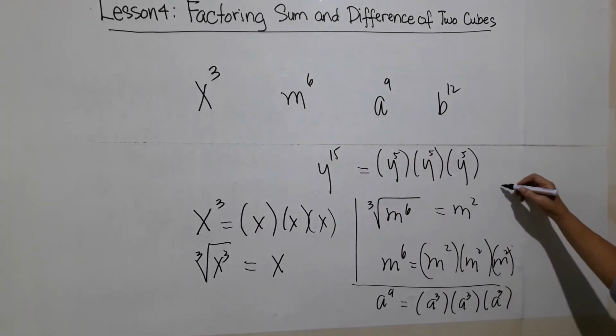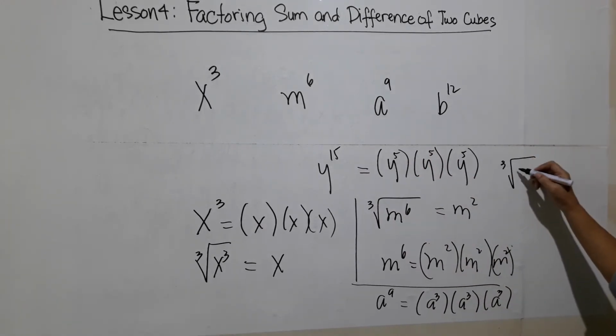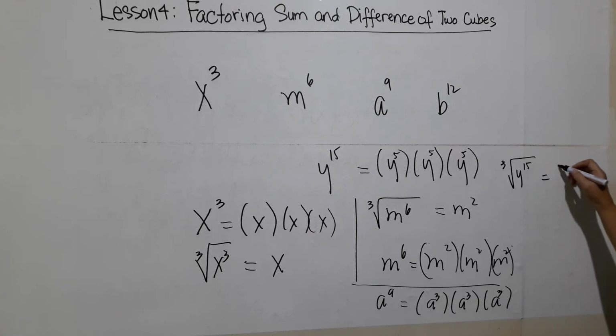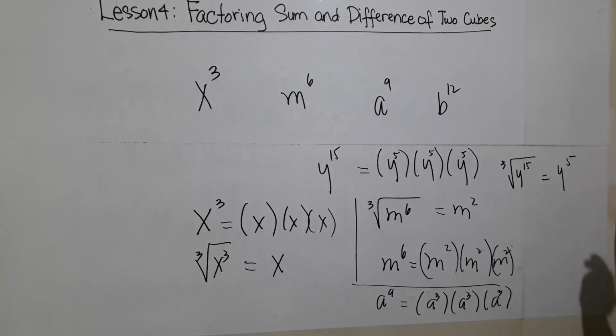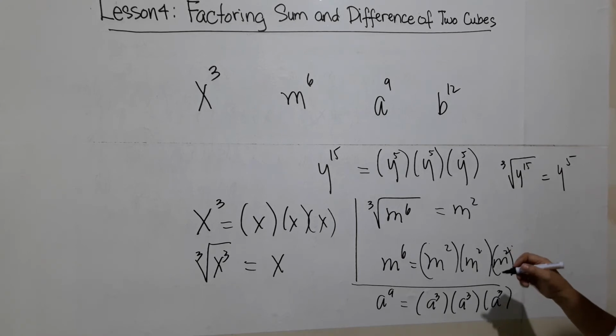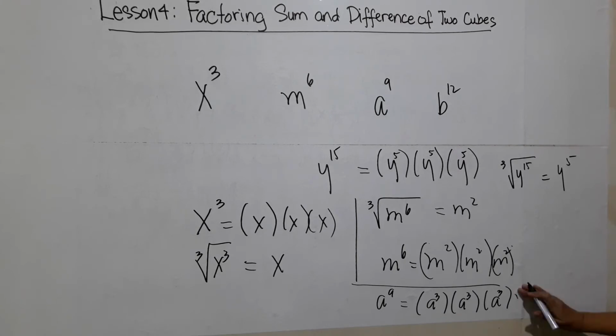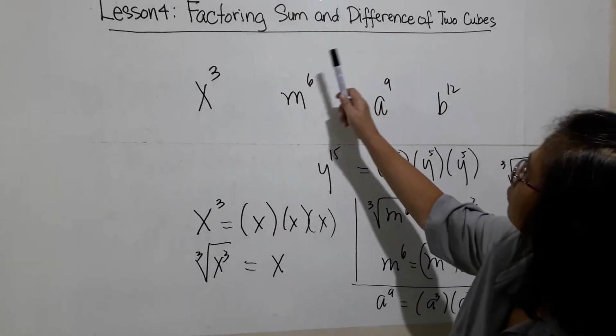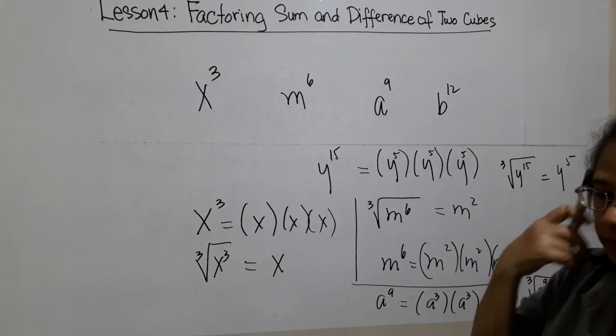So the cube root of y to the 15th is y to the 5th. Is this clear? This is also true for the cube root of a to the 9th, which is a cubed. So simply determine first if the term is a perfect cube to be able to factor the sum and the difference of two cubes.